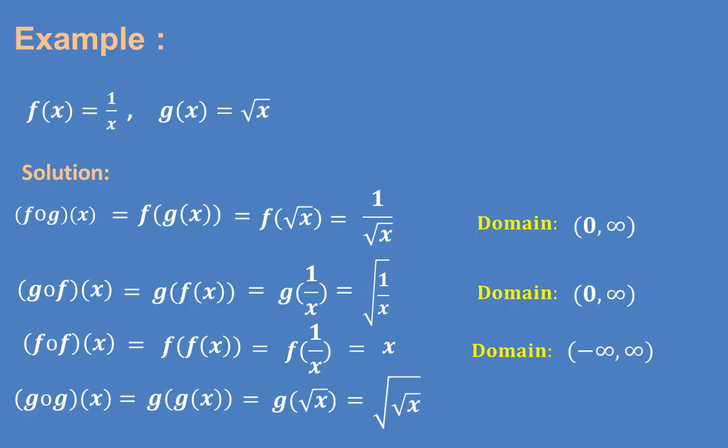And to determine the domain of this function, since the square root is defined for non-negative numbers, thus, the value of the square root of x under the outer square root must be non-negative, so the expression x under the inner square root must also be non-negative. Therefore, x is greater than or equal to 0. Thus, the domain of this function is the half open interval 0 and infinity.